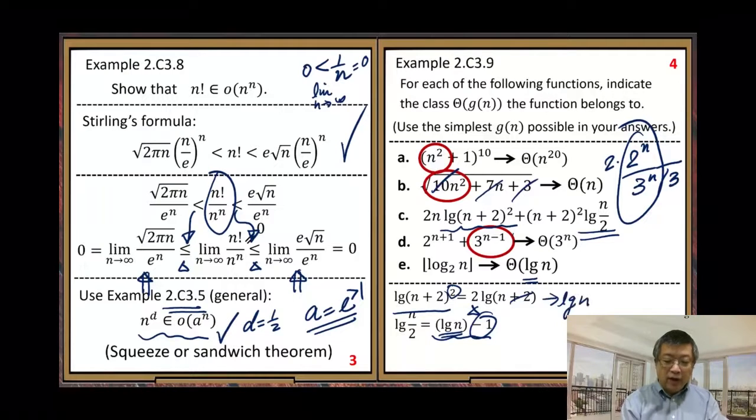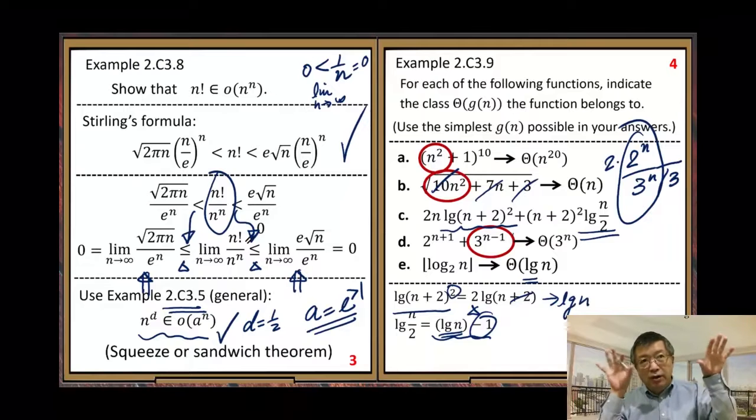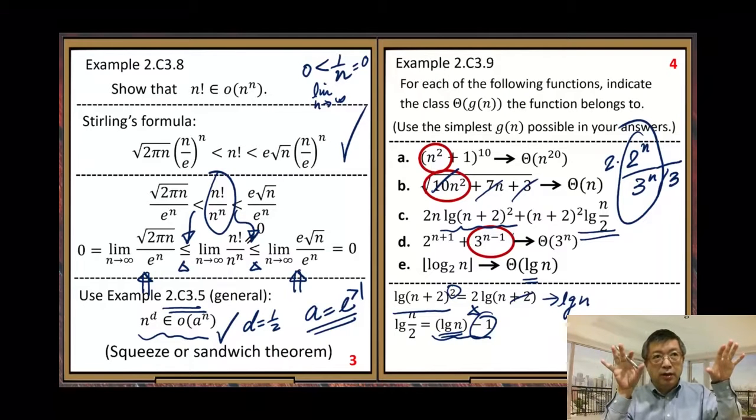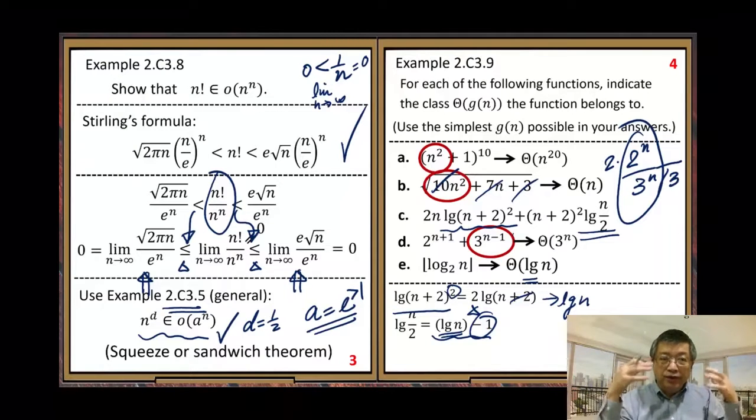So the log parts in the two terms are the same in terms of growth. So we only need to compare the non-log part. Clearly, the second term dominates the first term. For that reason, we should take the second term.